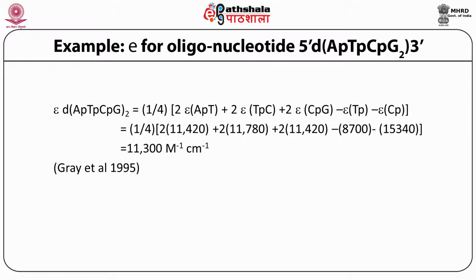Now, we have to subtract whatever is taken twice. So we subtract epsilon Tp and epsilon Cp. If you go on putting the actual values of absorbance for ApT, TpC, and so on, we can calculate the extinction coefficient for the sequence given above.